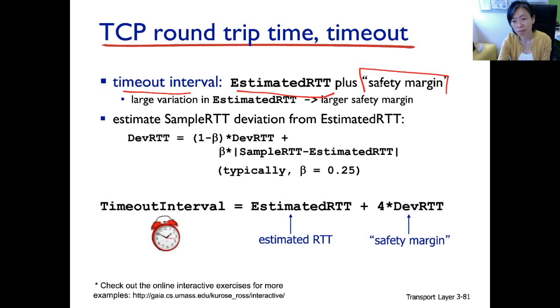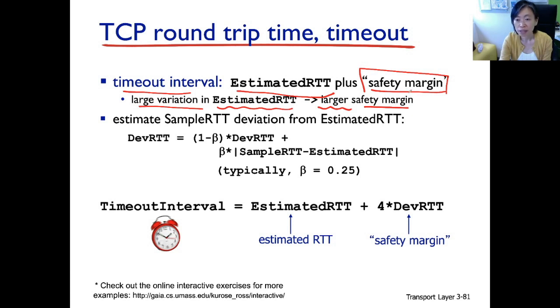a safety margin. Okay? The safety margin there should cover the variation of these RTTs, and hopefully a good portion of the variations. So if we have a large variation in the estimated RTT, we should use a large safety margin. Okay?